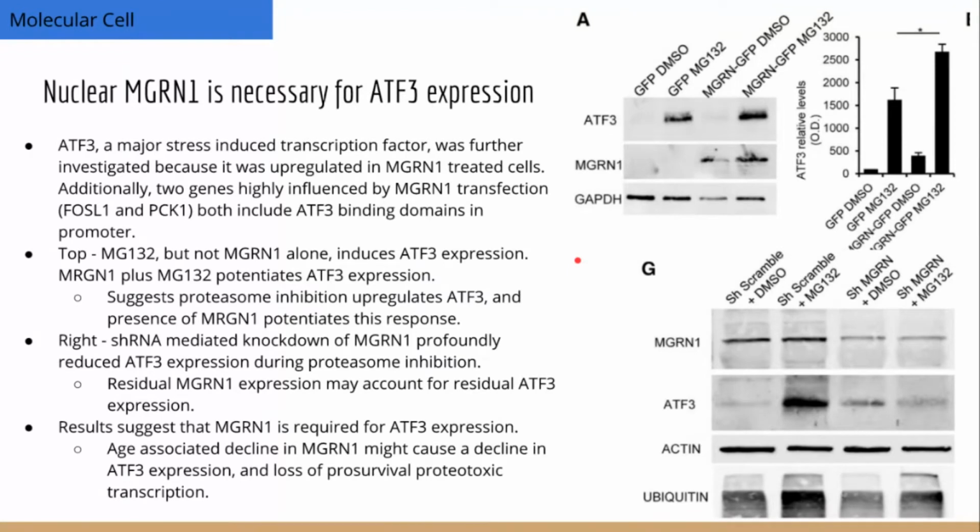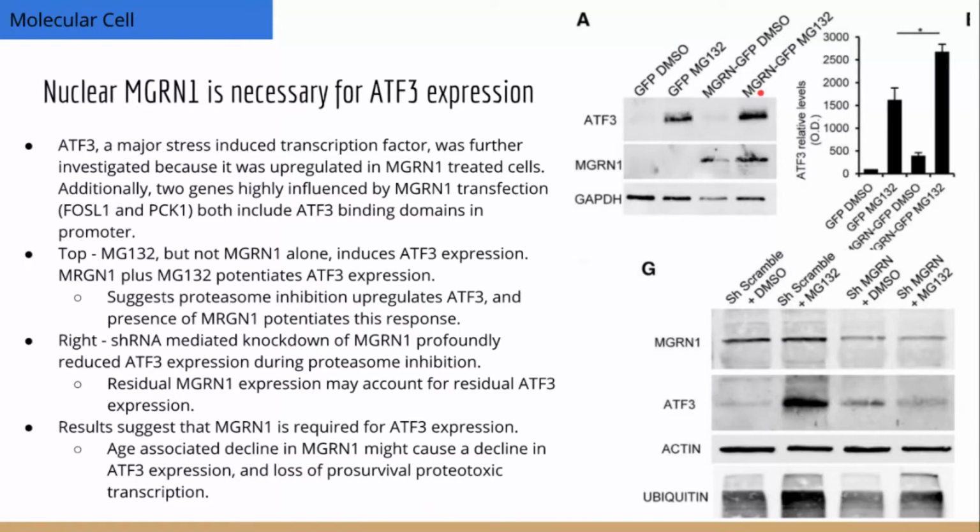So in the top panels, we see that MG132 treatment right here, and thus inhibition of the proteasome, induced expression of ATF3. So it's upregulated when the proteasome is inhibited. We see that MGRN1 expression alone, right here, is not really able to induce ATF3 expression, probably because it's in the cytoplasm.